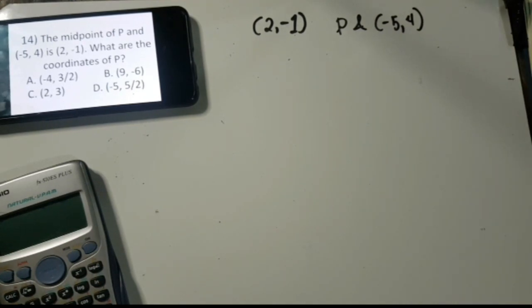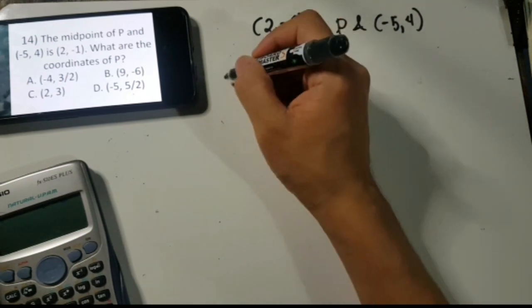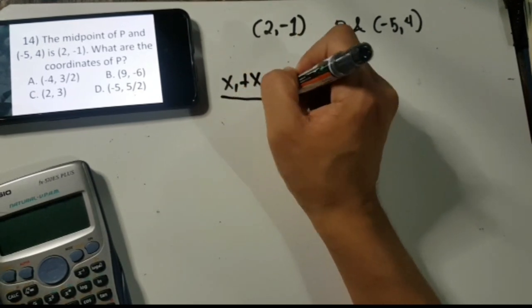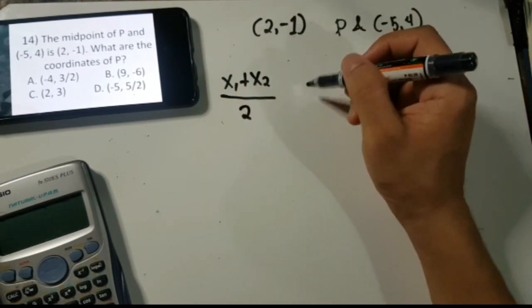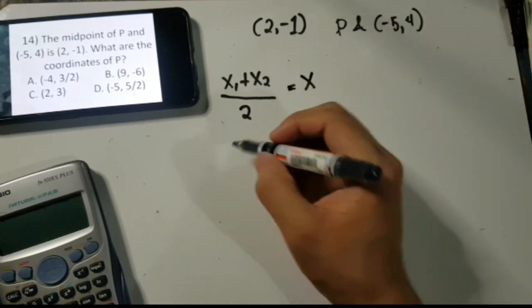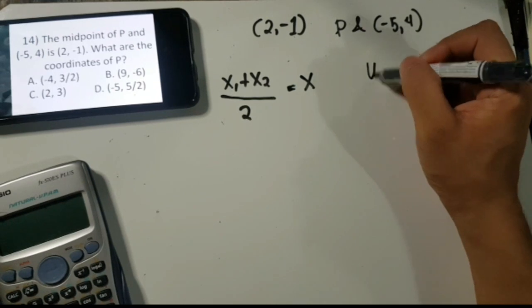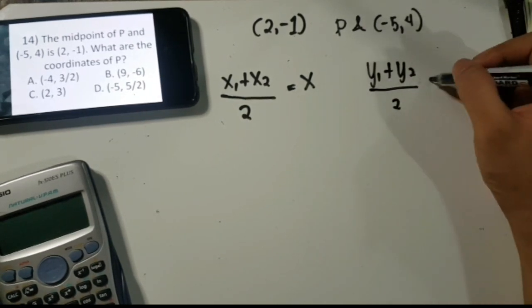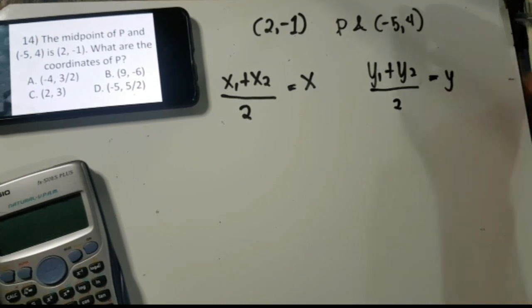So, kuhanin natin yung formula for midpoint. x sub 1 plus x sub 2 over 2 is equal to x. Next, y sub 1 plus y sub 2 over 2 is equal to y.